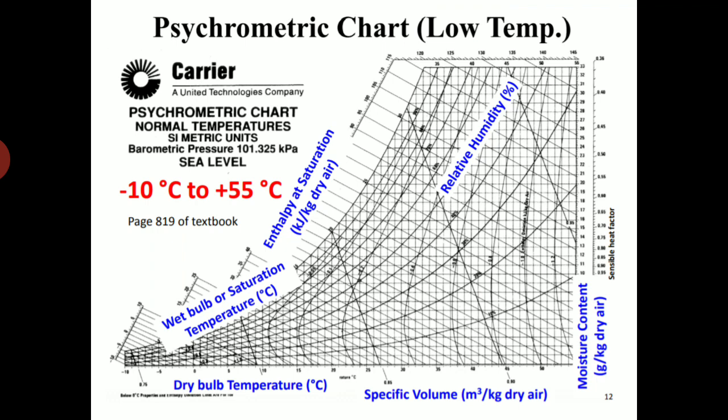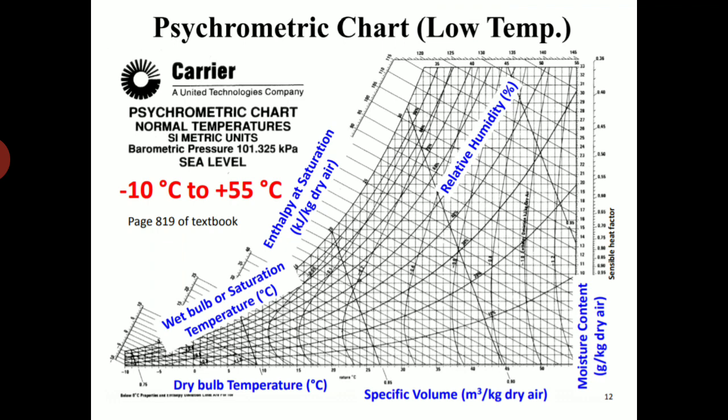Based upon this chart you can obtain whatever properties of moist air: dry bulb temperature, wet bulb temperature, saturation and dew point temperature. You can obtain specific volume and the enthalpy of the mixture H. Whatever previous problems we have done by calculation, we can obtain directly from the chart.